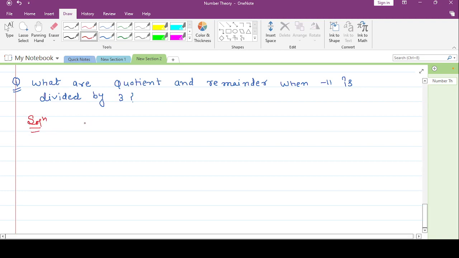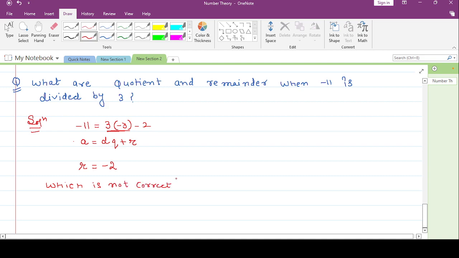Now write minus 11 on this side. If I write it like this, 3 into minus 3, I want to balance both the sides. 3 into minus 3 gives me minus 9, and if I add minus 2 to this and compare it with a equal to d into q plus r, then I get r equal to minus 2, which is not correct.